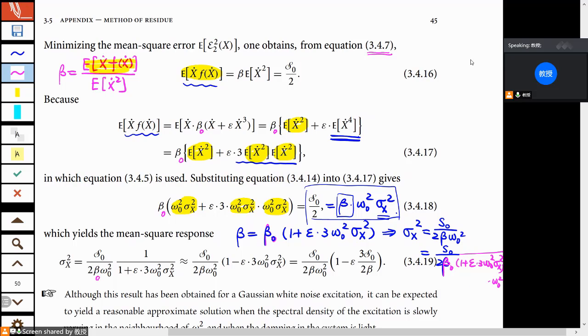That's this equation, except we have beta 0 here, and beta 0 here.